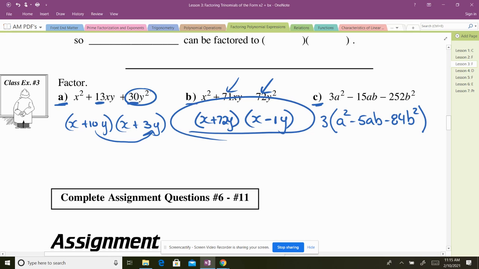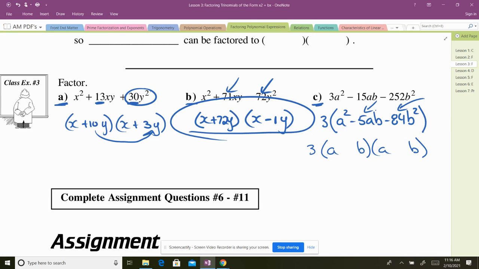Now, this is just like the other two, except we have a's and b's instead of x's and y's. So we know that we're going to have brackets that start with an a and finish with a b. You just have to ask yourself, what multiplies to 84 and adds to 5? I will give you better numbers than this.